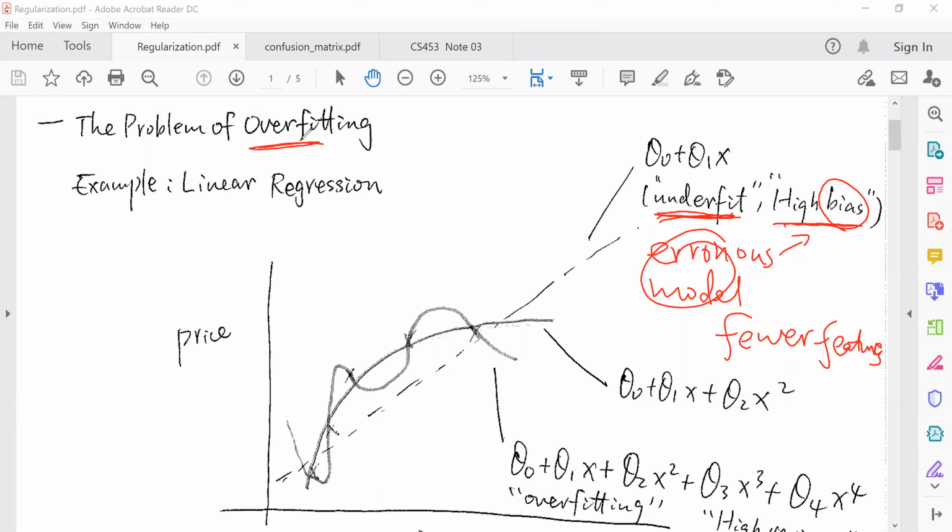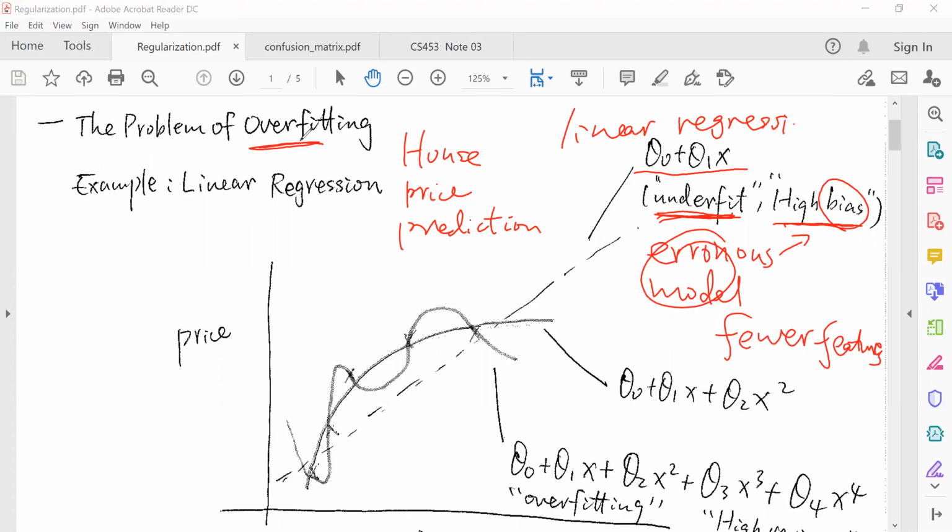Like in this example, this is the previous example regarding house price prediction. Initially we use a linear regression to predict.